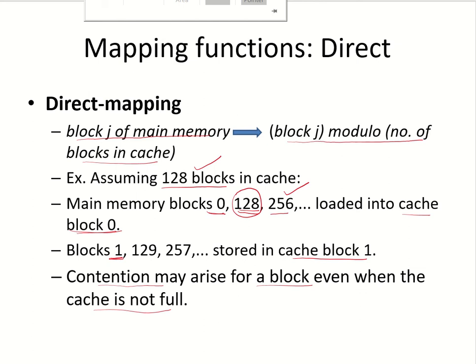So in that case, this block 128, which was originally there in the cache block 0, will have to be replaced. So even when the cache is not full, though the other blocks might be empty, because of direct mapping, there is a specific mapping of the main memory block to a particular cache block only.